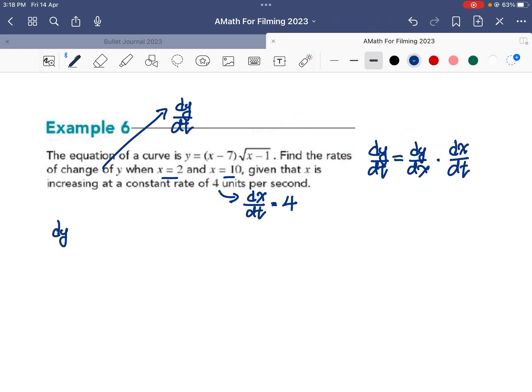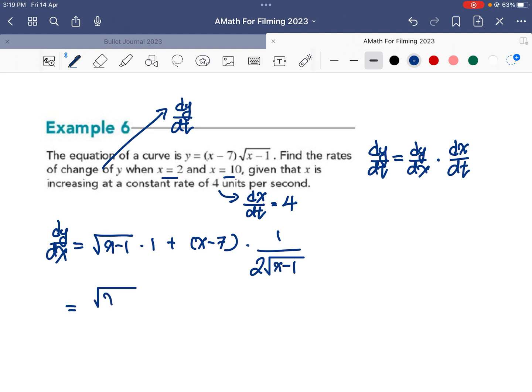Immediately, first I'll differentiate y with respect to x. I'm differentiating this expression, so we apply the product rule: v du/dx plus u dv/dx. If you differentiate this, very quickly what you get for dv/dx is 1 over 2 square root of x minus 1.